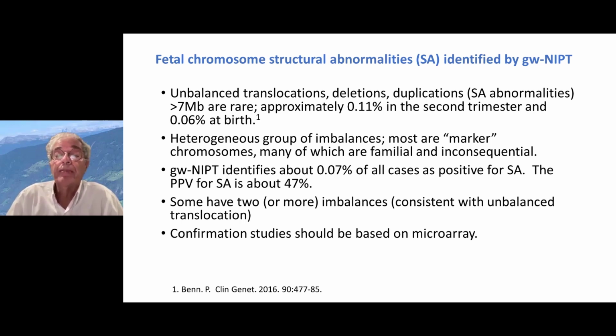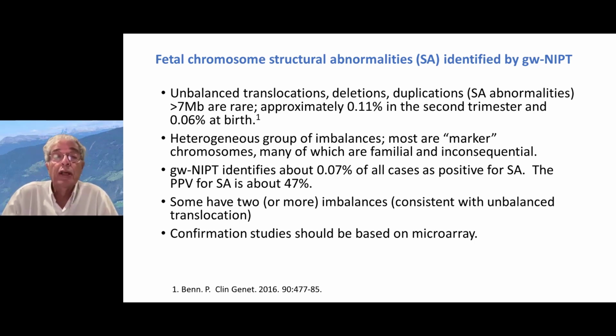It's a bit higher in the second trimester, 0.11%, and a bit higher still in the first trimester because some of these imbalances are non-viable. So we're dealing here with a very heterogeneous group of imbalances, and it also includes some marker chromosomes which segregate in families or don't seem to involve anything that really has a consequence to the phenotype, but are just segregating through a family.